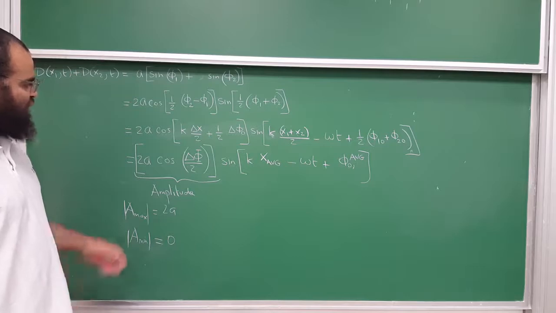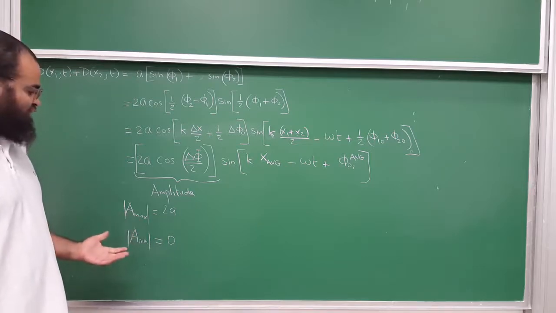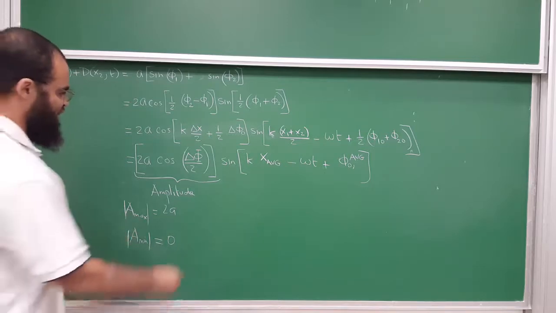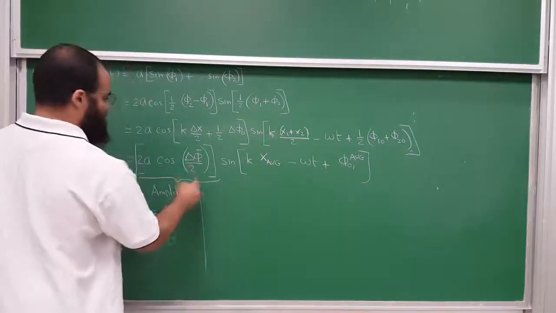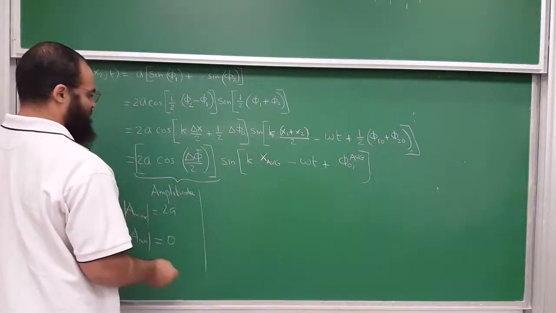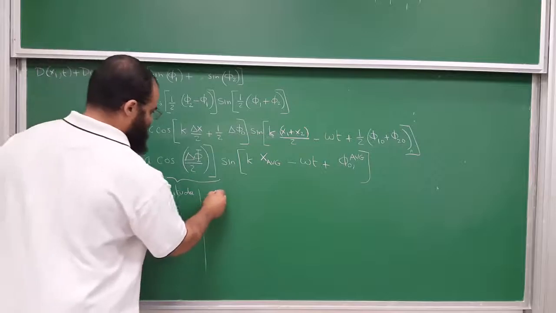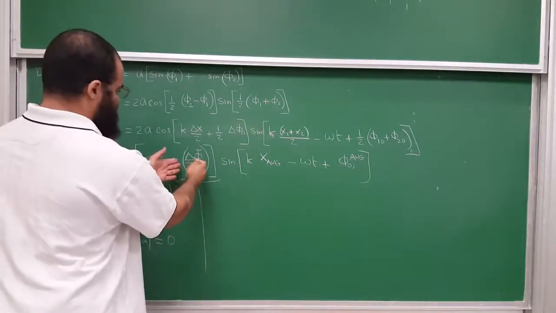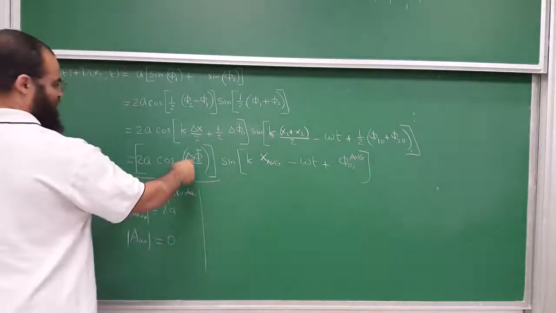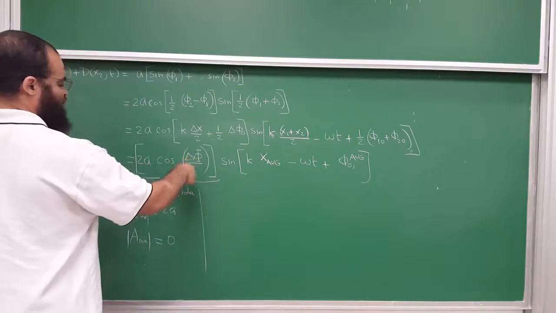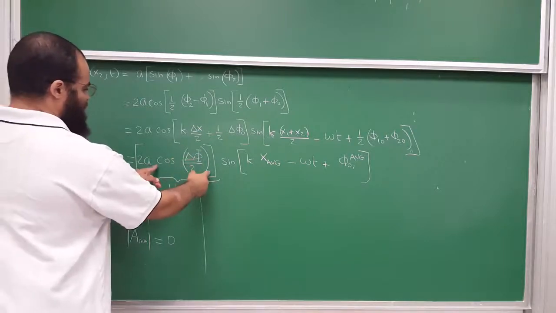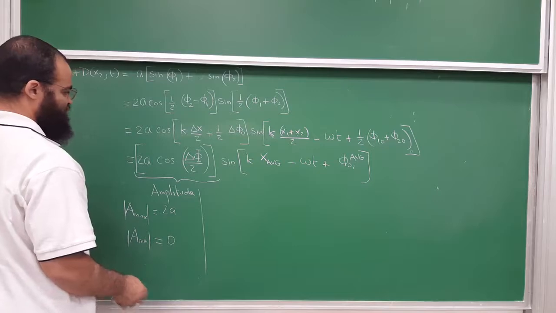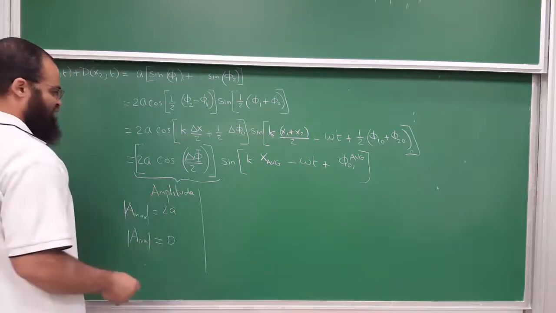So the amplitude will be 0 when you have destructive interference. And constructive is when the cosine gives you 1. That's the maximum it can be.